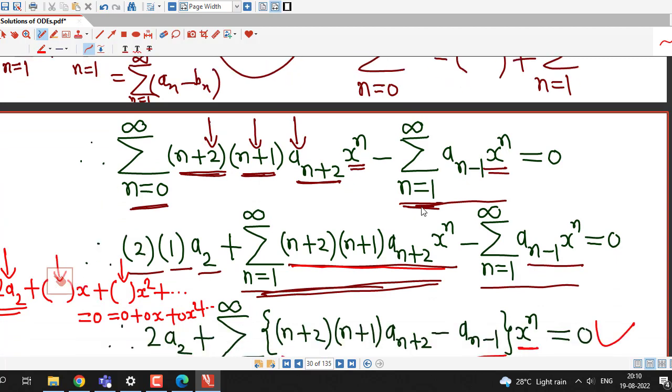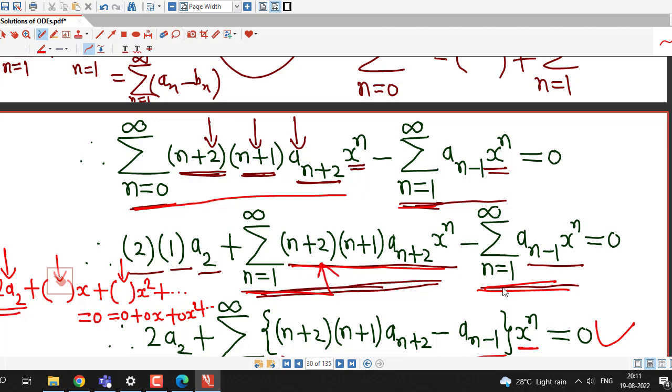After that we will try to make the starting value of summation the same, or we will try to make the range of the summation index the same. Here this is starting from n equal to 0 to infinity, this is from n equal to 1 to infinity. So first I am writing this as something plus summation from n equal to 1 to infinity, so that I can combine these summations whose range for the summation index is the same.